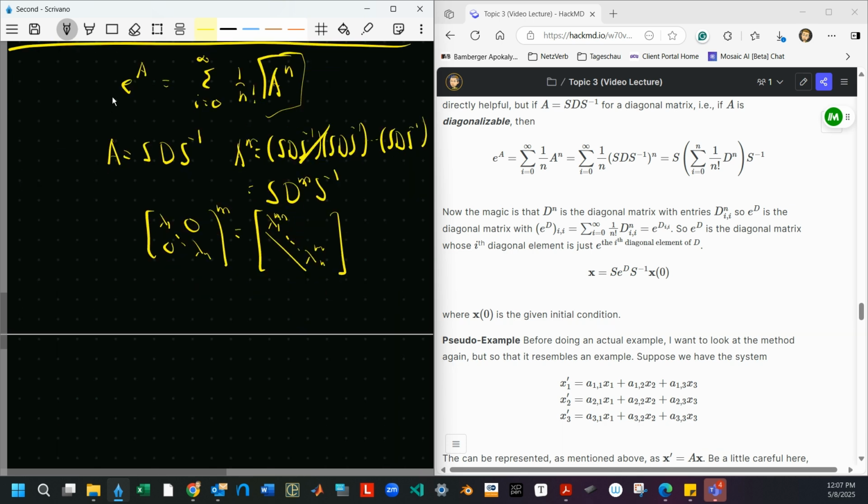So what happens when I do this? e to the A is really e to the S D S inverse, so that is the summation i equals 0 to infinity of 1 over i factorial times S D S inverse to the i.